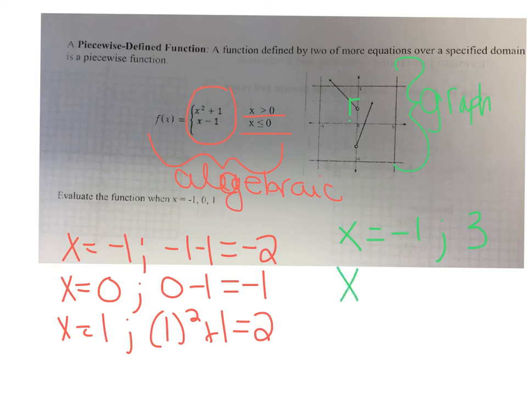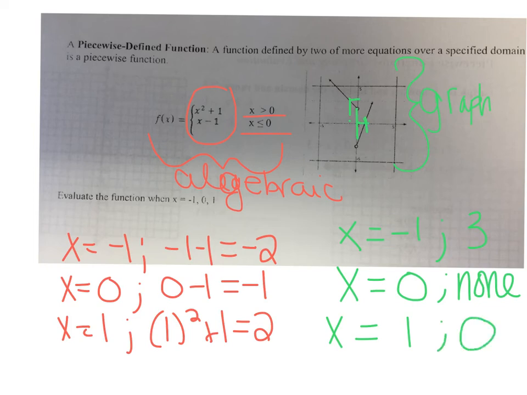If I did x equals 0, right here's where x equals 0, so we're going to go up and down, but both of those are open circles, so there is none because open circles are not included. And then x equals 1, that's where x equals 1, and if we go back over the y-axis, the height of that point is 0.